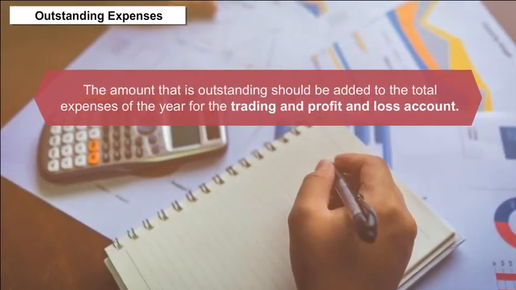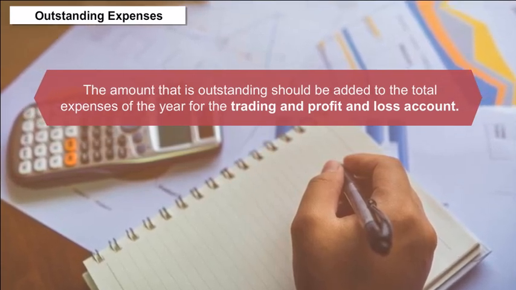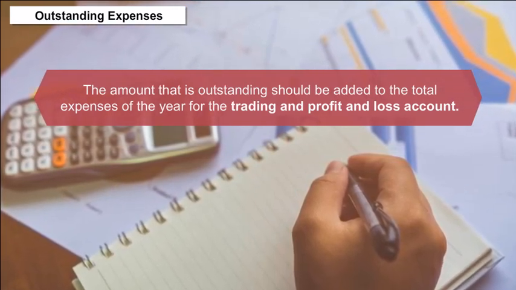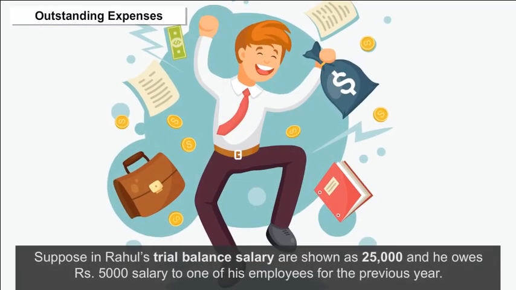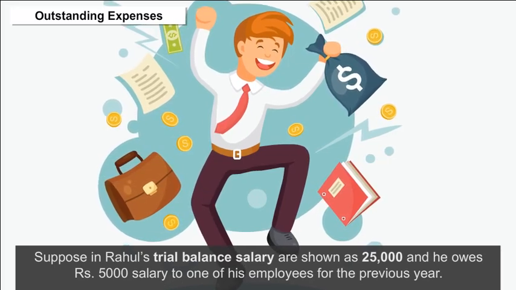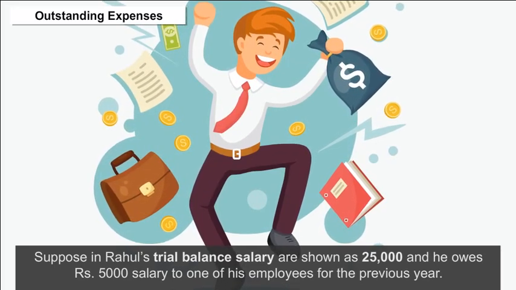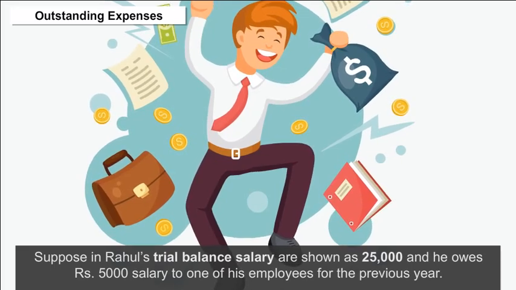The amount that is outstanding should be added to the total expenses of the year for the trading and profit and loss account. Suppose in Rahul's trial balance salary is shown as 25,000 and he owes rupees 5,000 salary to one of his employees for the previous year.